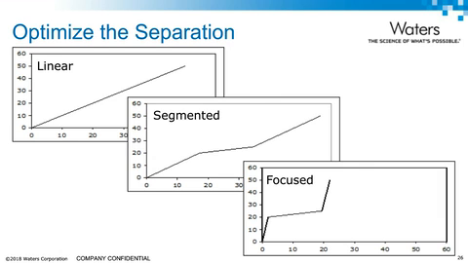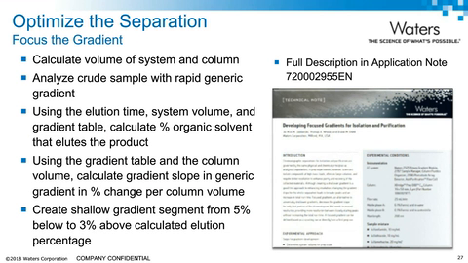So when we focus a gradient, we calculate the volume of the system and the column. And if we've already done our housekeeping things that I talked about earlier, we will have the volume of the system already recorded. We analyze our crude sample with the fast linear gradient, and then using the elution time, the system volume and the gradient table, we can calculate the percent of organic solvent that elutes the product. Once we know that and we know what the gradient table is, then we can calculate the slope of the generic gradient in percent change per column volume.